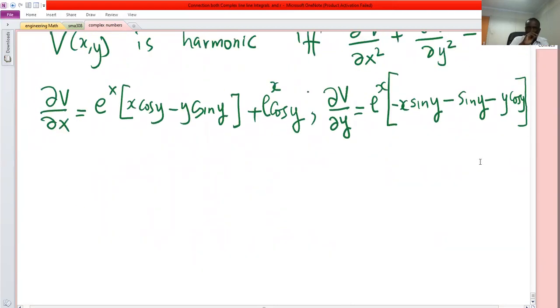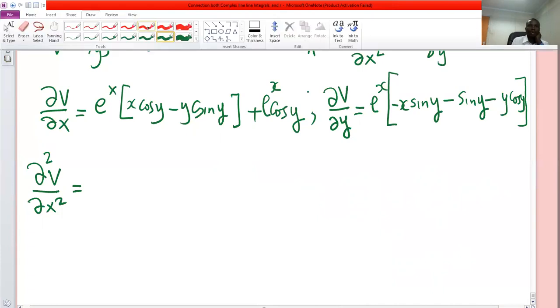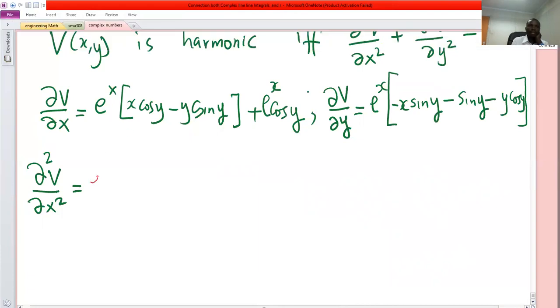So it tells us that partial squared v partial x squared. Now this one will still use product rule. So let this one be u, the rest of the bracket to be v. So u prime is e raised power x, and then multiplying by this one, we have x cos of y minus y sine of y, plus v prime.